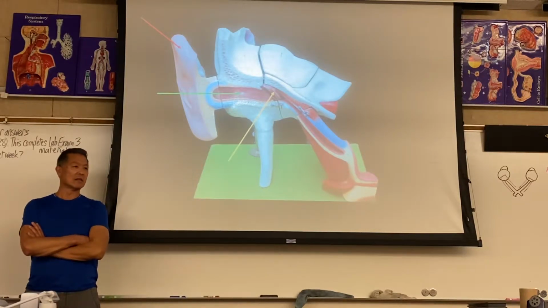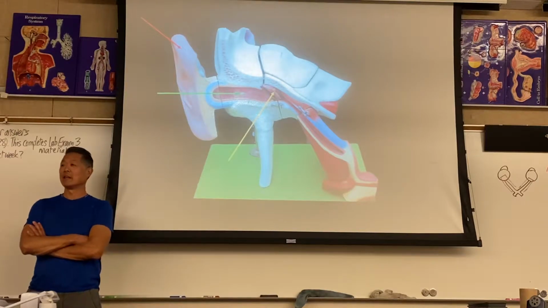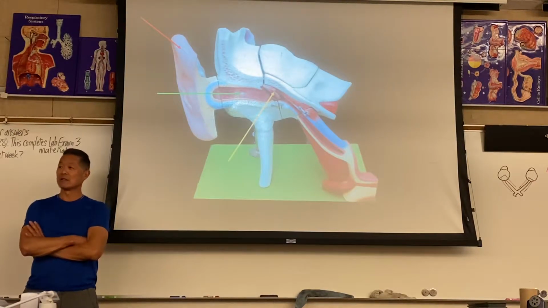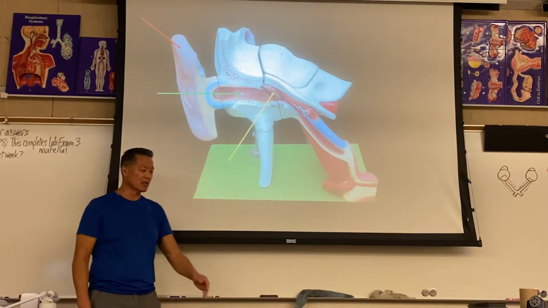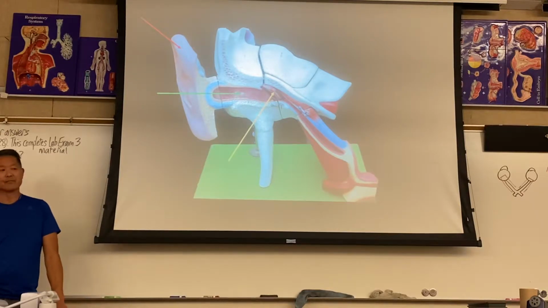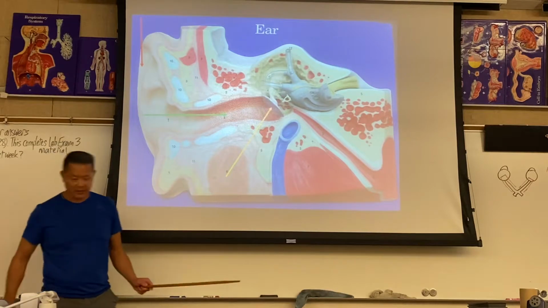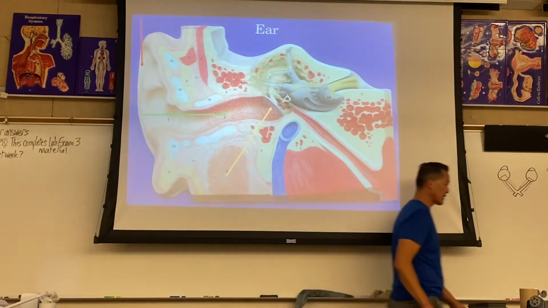And you have to say tympanic membrane. Eardrum gets you a half point. Misspell eardrum, you get no points. It's not even on here. Oh, I should put this up. Same color arrows for this side here.